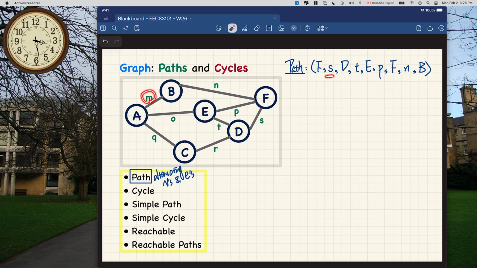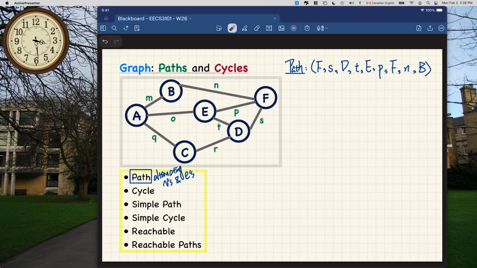But in some cases, for example when we talk about Dijkstra's algorithm, we have to think about path as well. In that case, the edge is not labeled with the name, so we can omit the name. But for now, just learn the proper definition: it should be alternating vertices and edges. And as you can see, the number of edges should be exactly one less than the number of vertices. That's something also obvious.